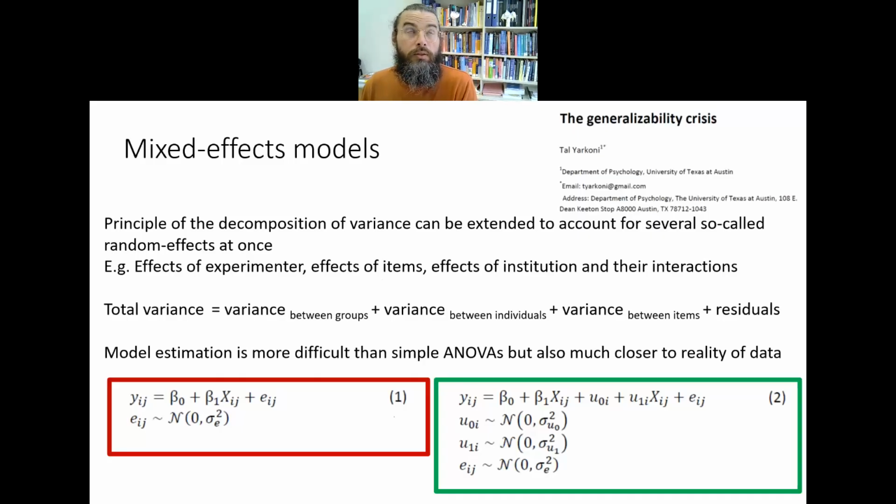This is a case in which you not only have the specific variance between individuals, but you may have also the variance between test items or other refined aspects of your design. So you may have the effects of specific institutions participating in your experiment. Let's say it's a multicentric study.